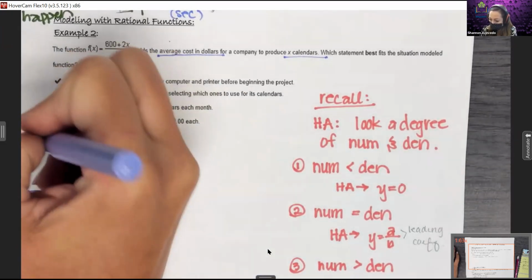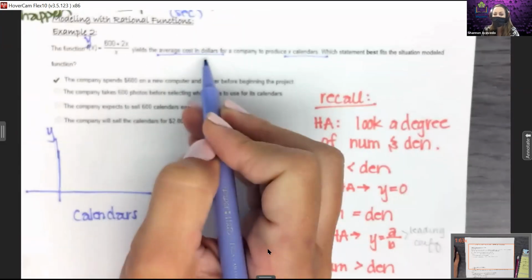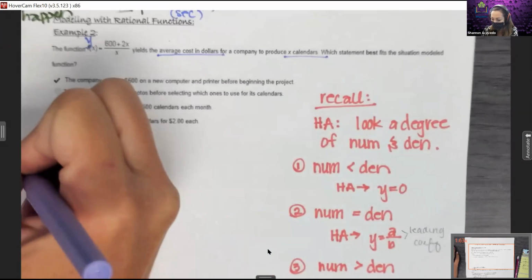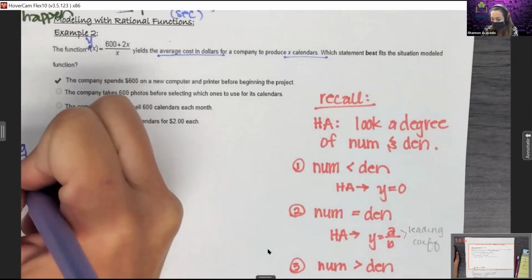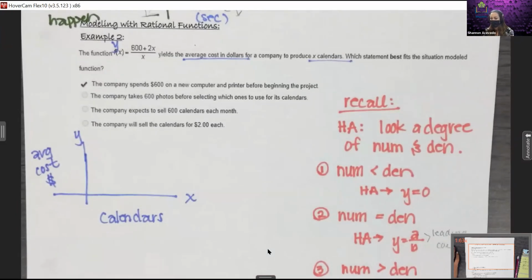My y-axis, which is my f of x, is representing the average cost in dollars.